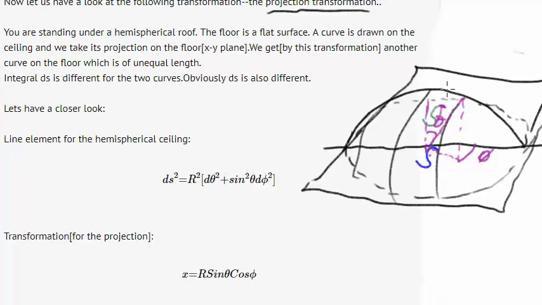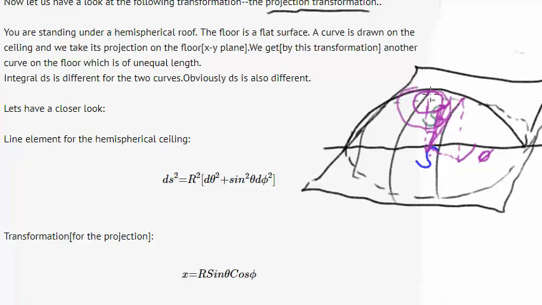R is the radius of the thing. And so I'll just draw a couple of lines in there to indicate that there's an R. D theta is how far we move away from this center point up here. D phi squared is the distance that we move kind of along this direction.